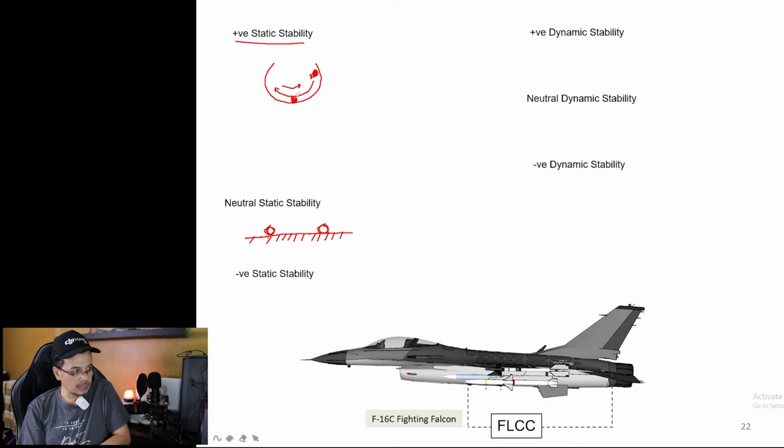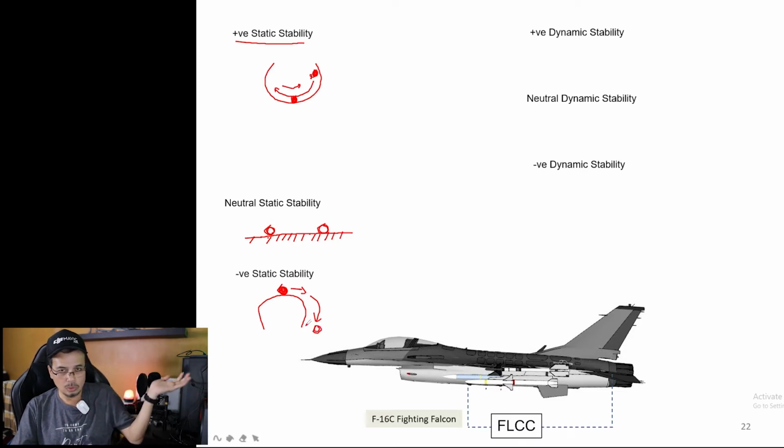Tapi kalau kita define as negative static stability, bola tu kita buat macam terbalik. So bola tu dekat atas, then once we start to roll the ball to the left or to the right, dia as fast as possible akan move to the most left or to the most right.